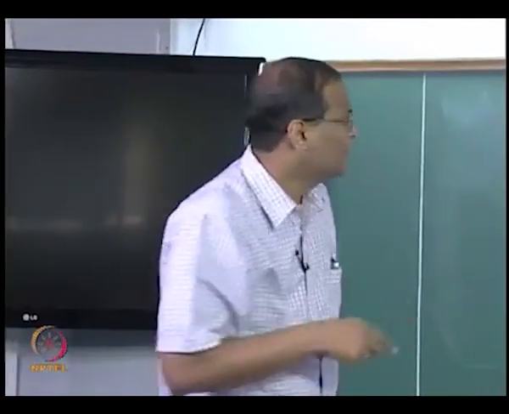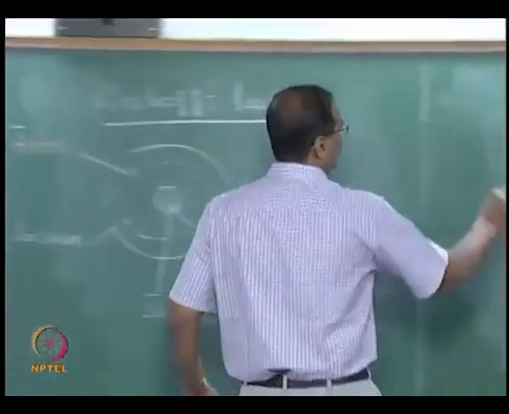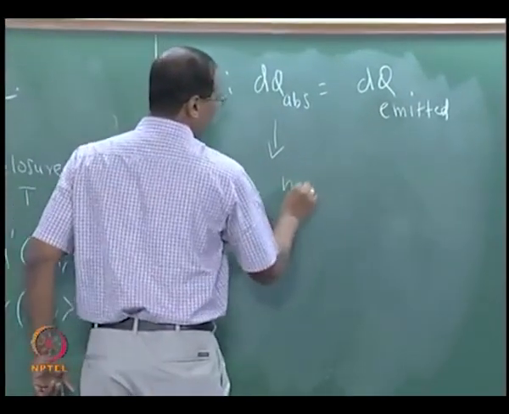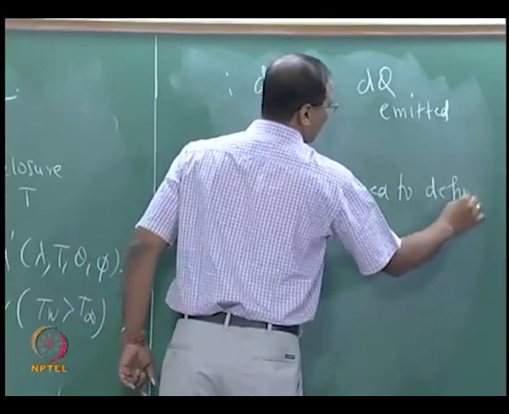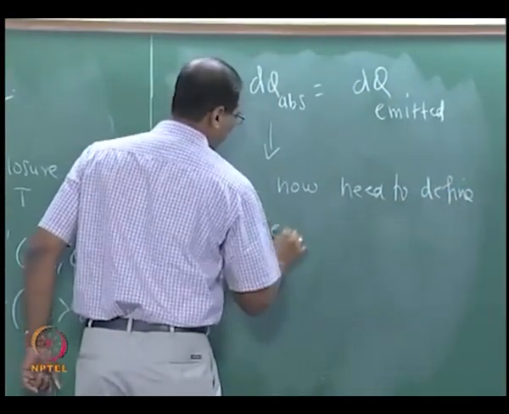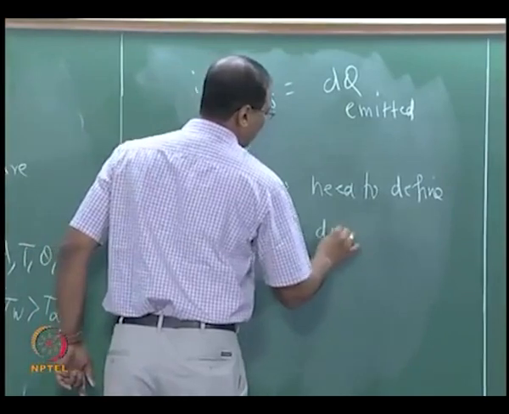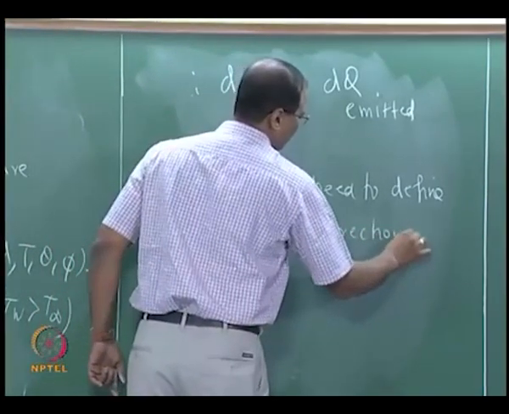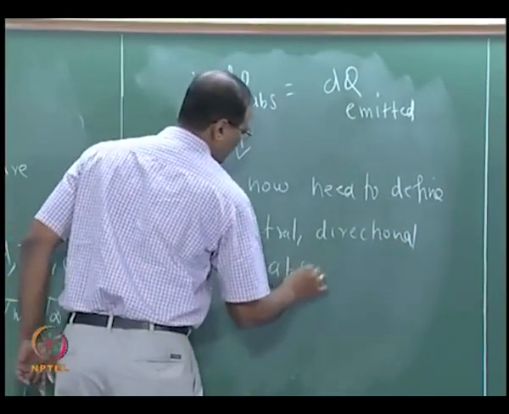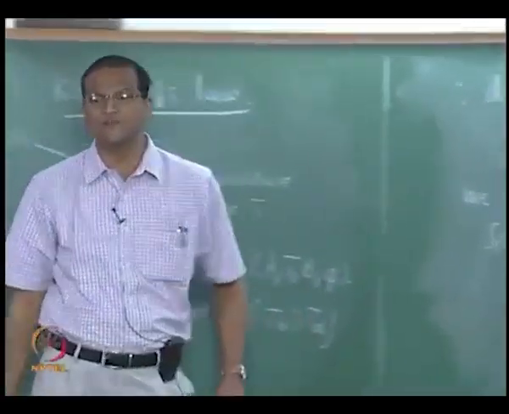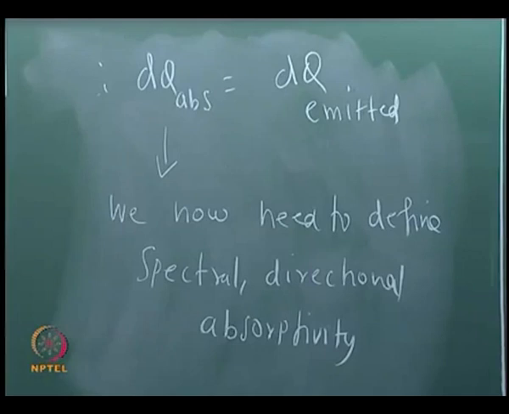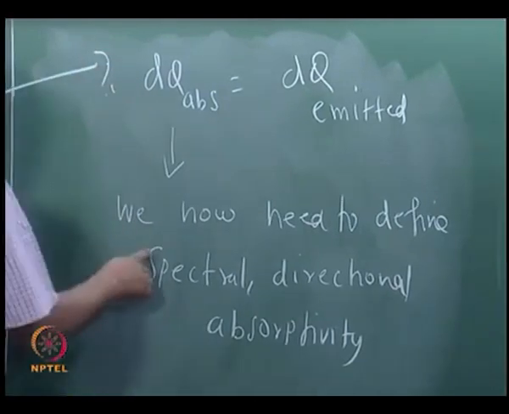But in order to do dq absorbed, we now need to define spectral directional absorptivity. Okay, so we have to hold on to this. Let us revisit this after we have defined this.